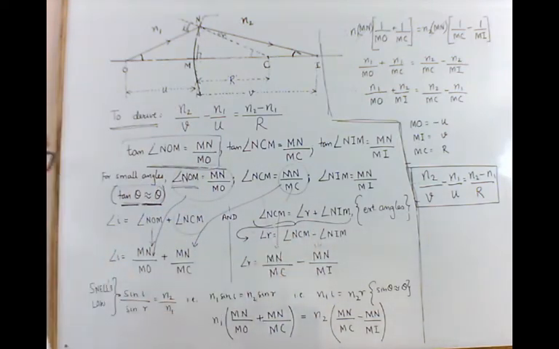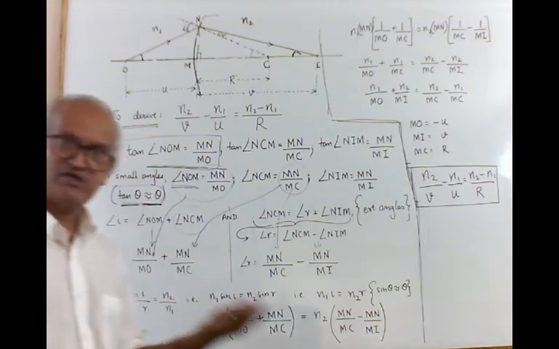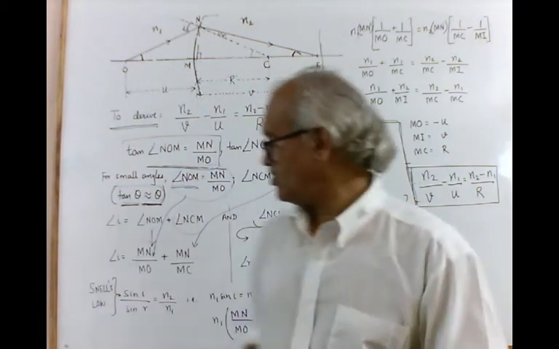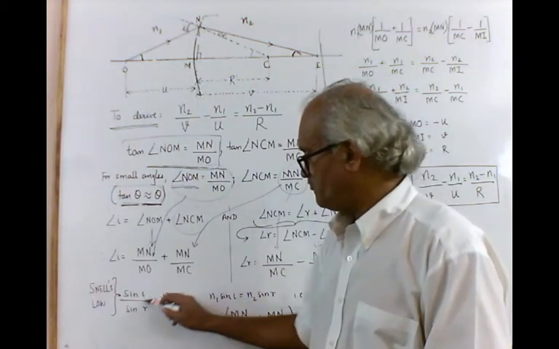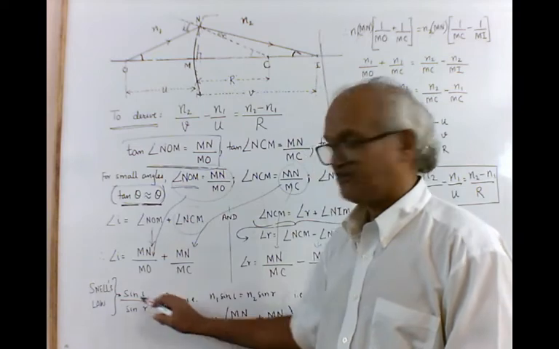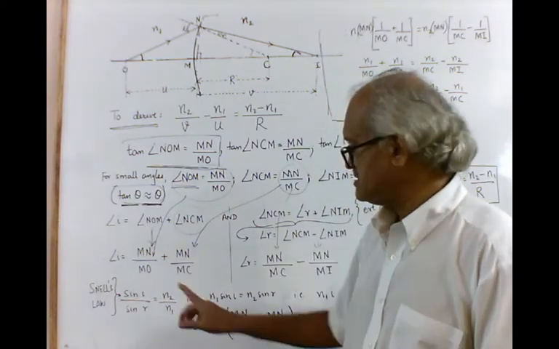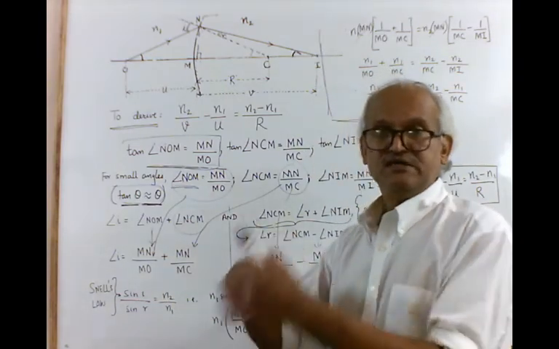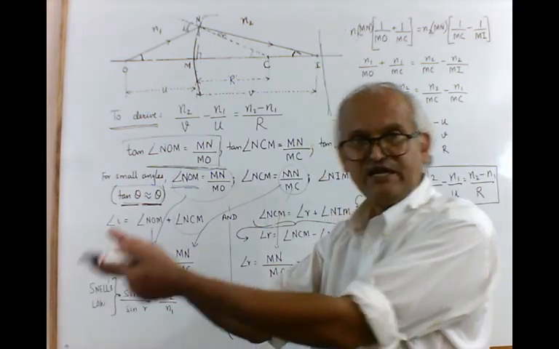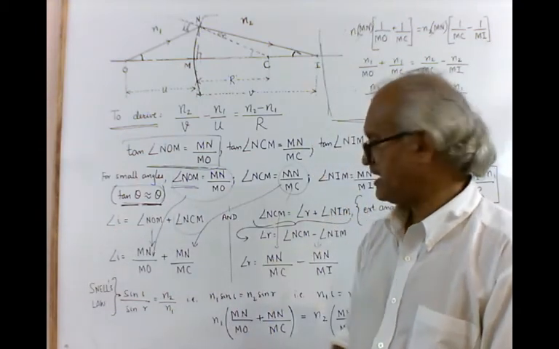After this, we now take Snell's law. Snell's law says sin I upon sin R is equal to n2 upon n1. This is what you have already studied earlier. According to Snell's law, the ratio of the angle of incidence to the angle of refraction is constant, and it is equal to the ratio of the second medium refractive index upon first medium refractive index.